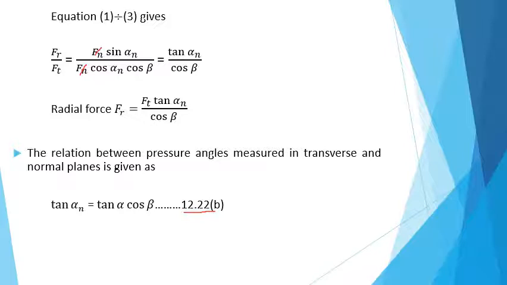These are related with the help of this equation. If we substitute in place of tan alpha n, what we get is Fr is equal to Ft into tan alpha cos beta. So cos beta cancels, and we get Fr as Ft into tan alpha.